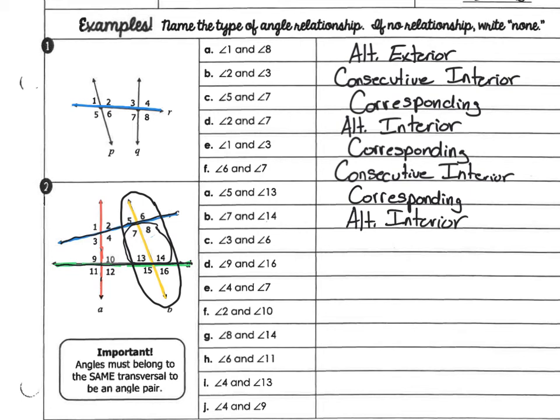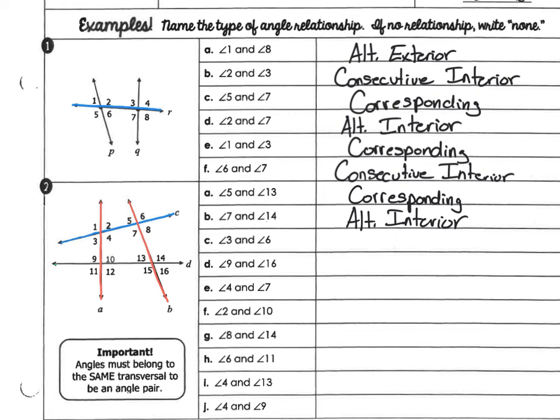It gets a little confusing when you have the whole big thing with it. So we'll take it on a question by question basis. 3 and 6. So 3 and 6 share this transversal and these two lines. So are 3 and 6 on the inside in the middle part or on the outside? Outside. Are they on the same side or opposite?